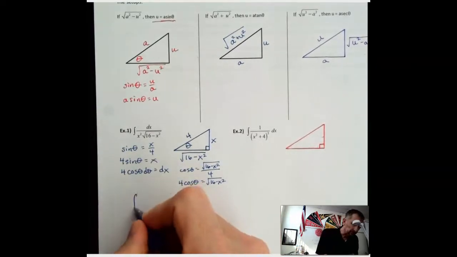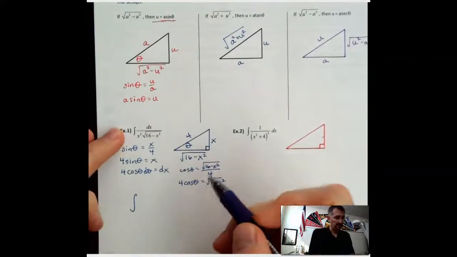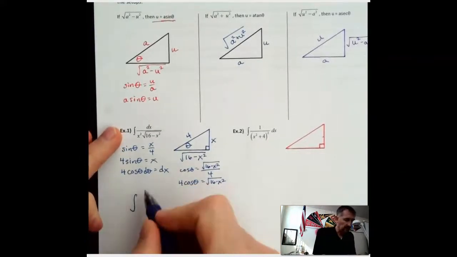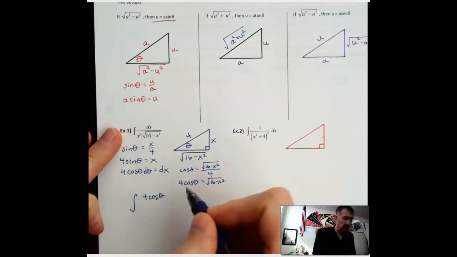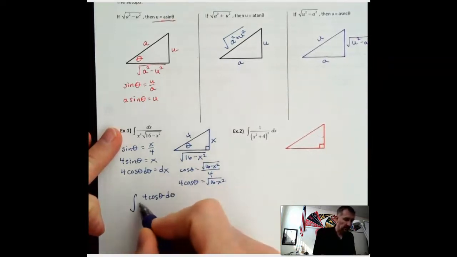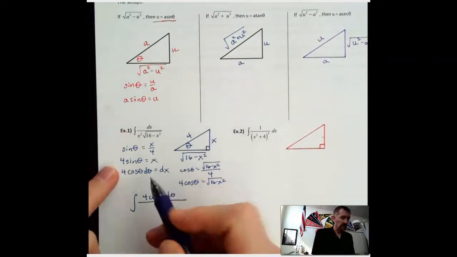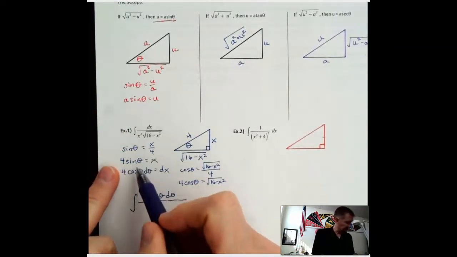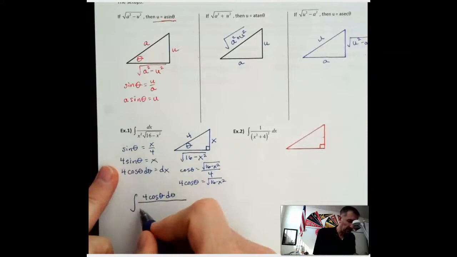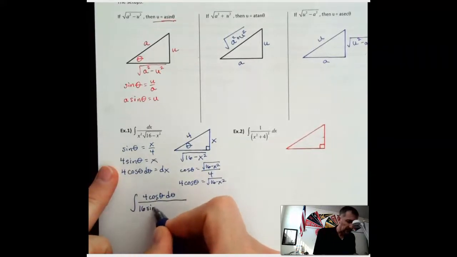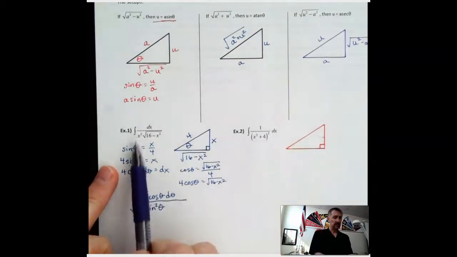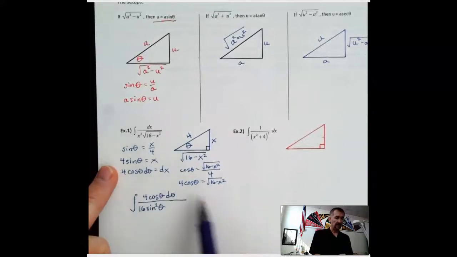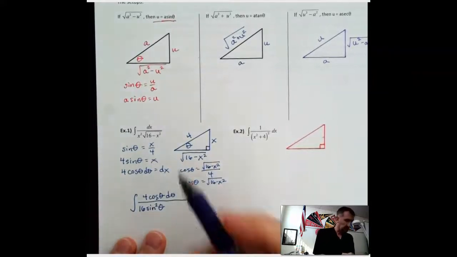So if we look at the integral of that, we just said dx is 4 cosine theta d theta over this squared, that's going to be 16 sine squared theta, replacing the x with 4 sine theta and squaring it. And then that whole thing was 4 cosine theta.